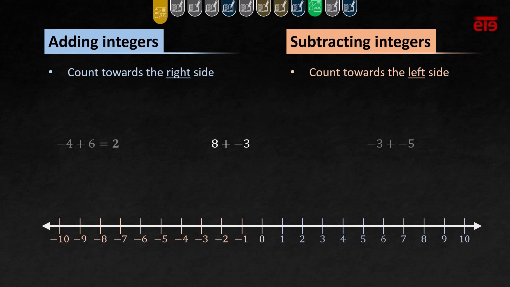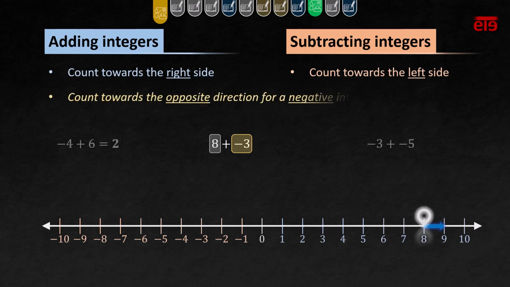Let's try another one. We are adding 8 and negative 3. We start counting from 8. When we add numbers, we will count towards the right side. But here, we are adding a negative integer, and we need to follow another rule. We need to count towards the opposite direction for the negative integer.